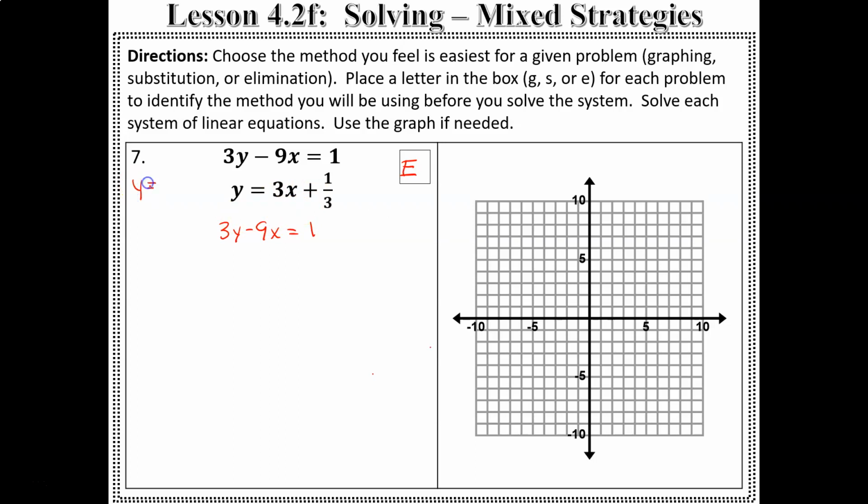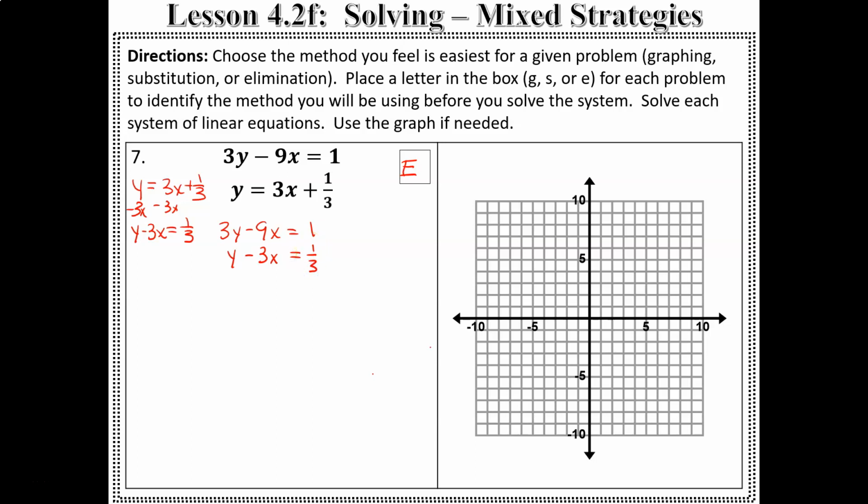So I have y equals 3x plus 1/3. I want to bring that x over to the other side, so I'm going to subtract 3x. So now I have y minus 3x equals 1/3, and everything will line up.